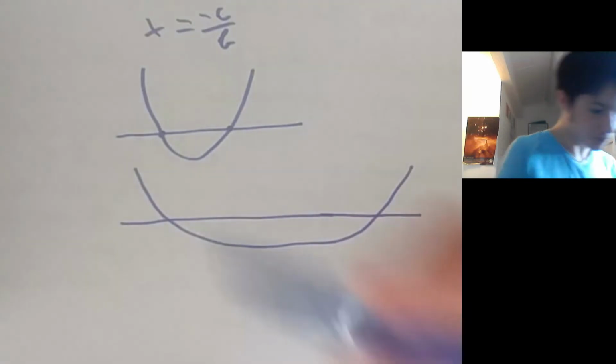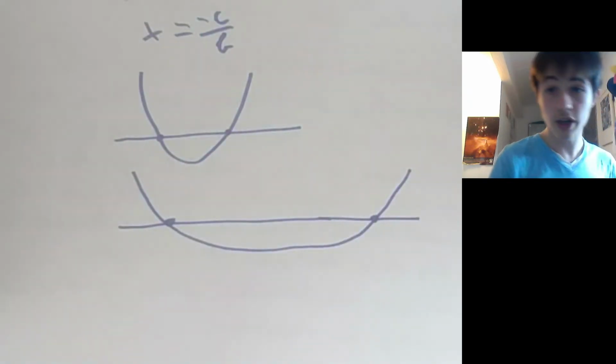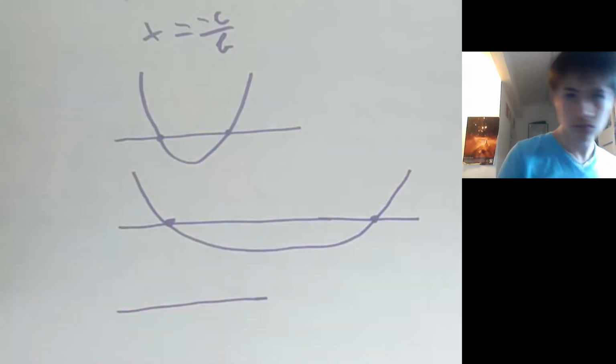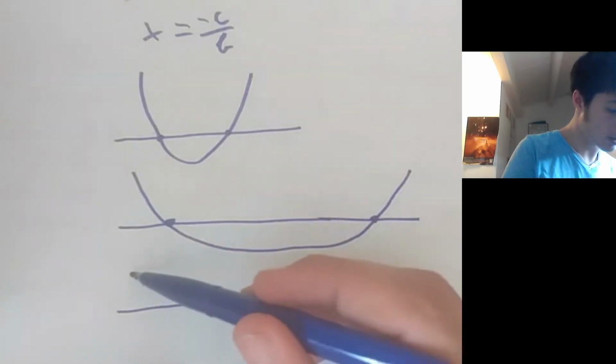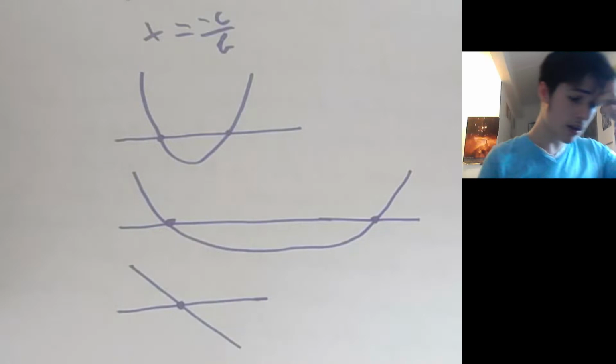With a 0 still down here and a 0 up here, and when you make a equals 0, your parabola, it's not a parabola actually anymore, it looks like this. Then it's a straight line.